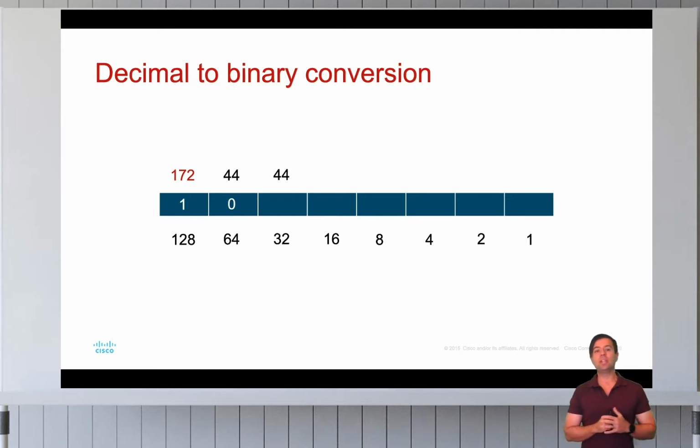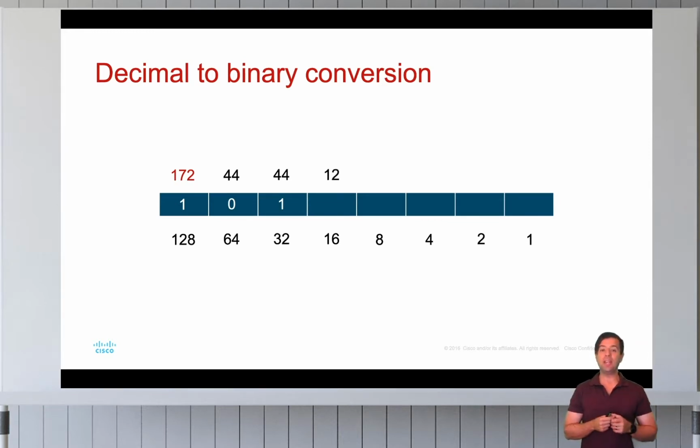So let's ask again, is 32 smaller than 44? Yes, it is. So we write down a 1. Because we answer true, because 32 is smaller than 44, we've used it, so we now have to subtract it. So what is 44 minus 32? That is 12.